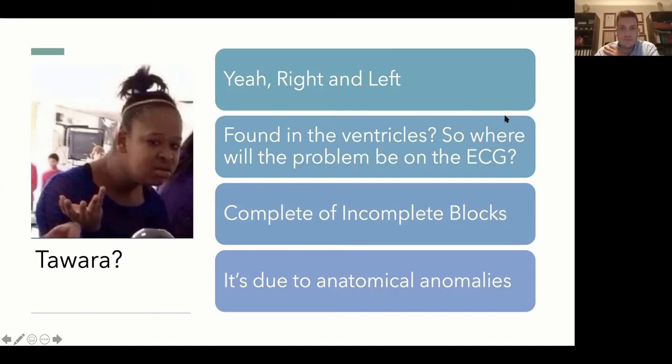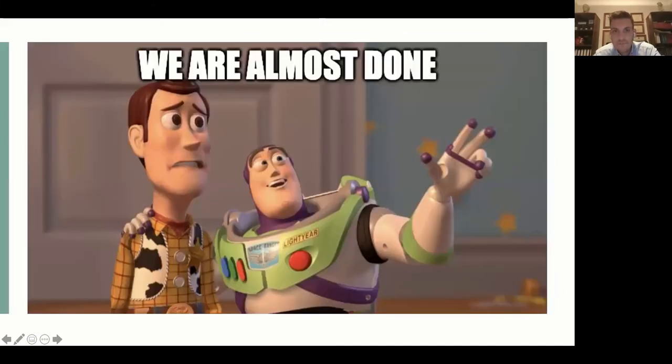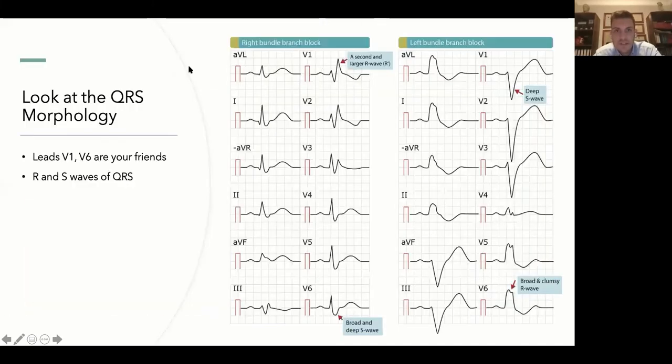Good. So we will separate them into right and left bundle branch blocks. And V1 and V6 leads will be your best friends for this. As you can see here, there is very specific morphology of the QRS. Do you see it here?